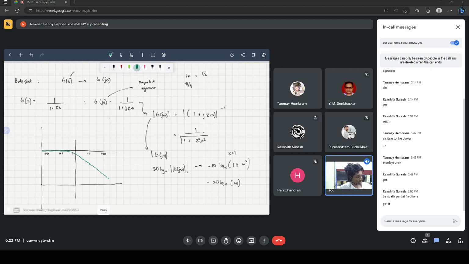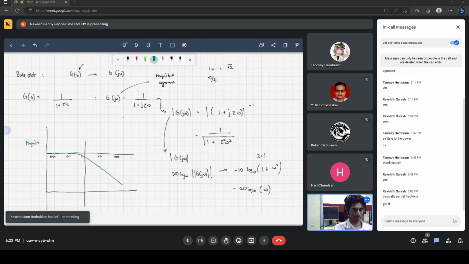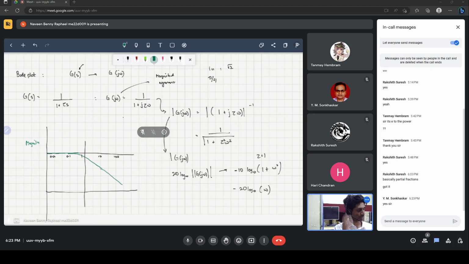Just to clarify, this is the magnitude section, and we have not yet looked at the argument section. I am audible, right? Oh yeah, okay.